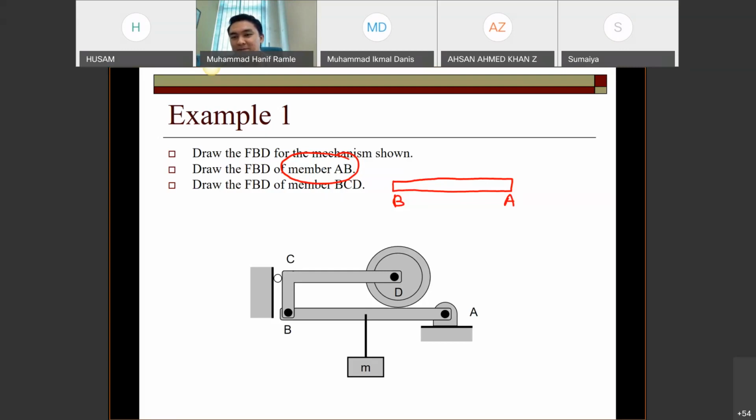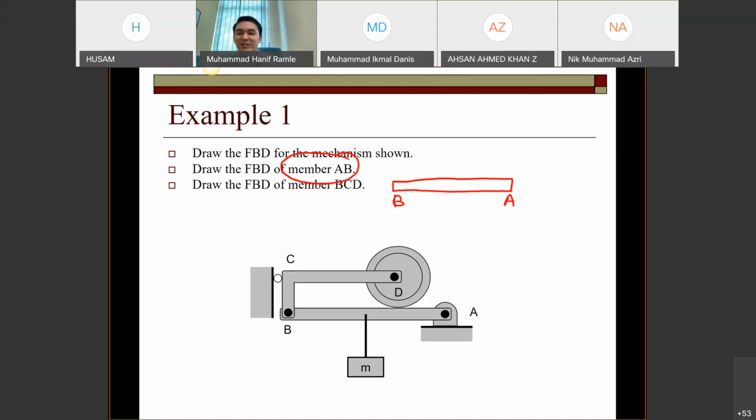Yes, Doctor. Okay, good. So what is the next step after you draw the AB member? Remove other rigid bodies. I already removed them. Actually, we only consider the AB member. So what is the next step? Reaction.